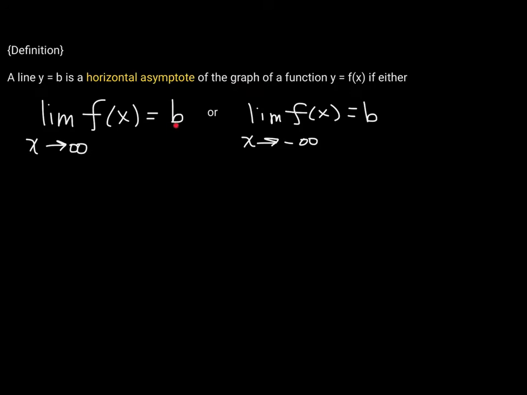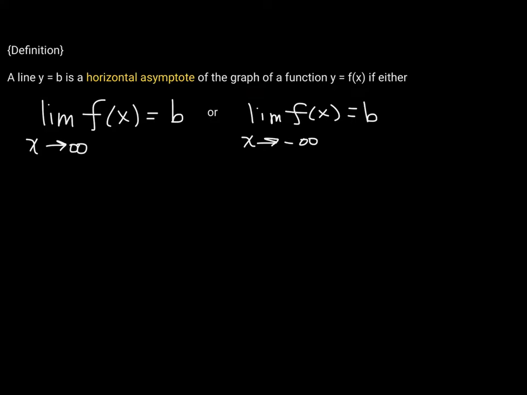So if you get a real number for your limit at infinity, that means that real number is a horizontal asymptote for the graph of your function. Y equal to b is a horizontal asymptote for your function. Now, the graph of your function can have no horizontal asymptotes.